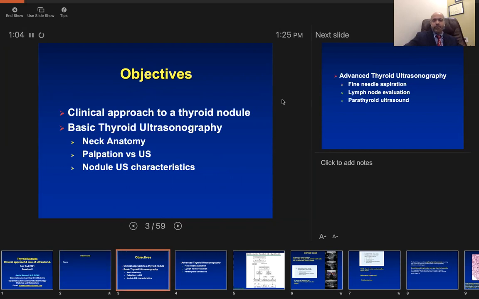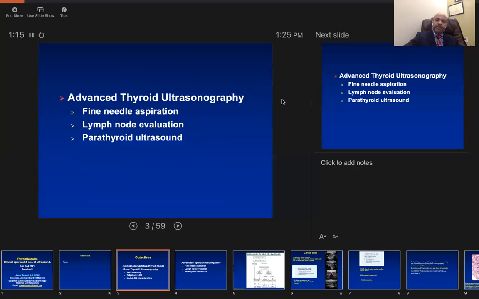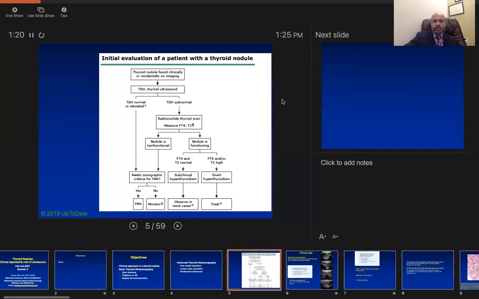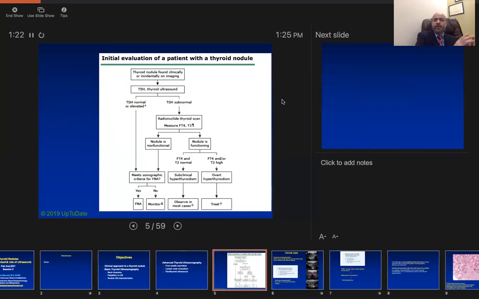So the talk today I have divided into parts. One is the basic clinical approach when you see a patient with a thyroid nodule. The second part will go over basic thyroid ultrasonography and advanced thyroid ultrasonography. So when you see a patient with a thyroid nodule, what do you do?